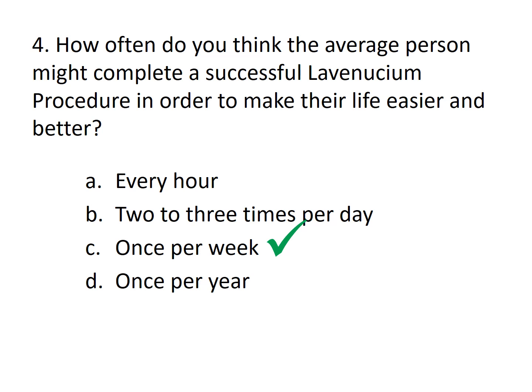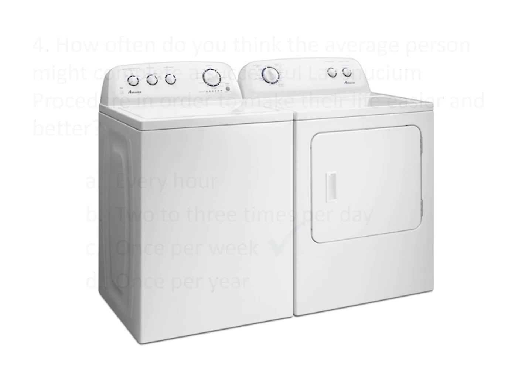So realistically, for a selected response test like this, you should have, on average, gotten 1 or maybe 2 items correct, depending on the rules of chance. Or perhaps some of you figured out that this procedure is something that you're already familiar with. But let's say that you had some instruction now, and the instruction was that the Lavanusian procedure was just another word or another phrase for doing your laundry.